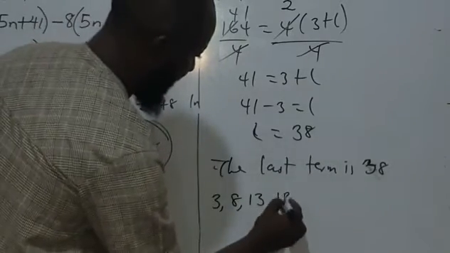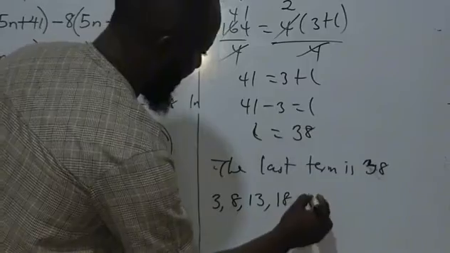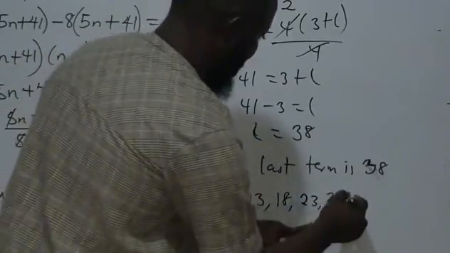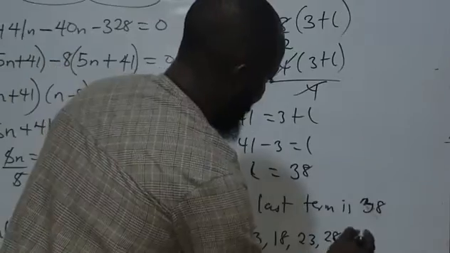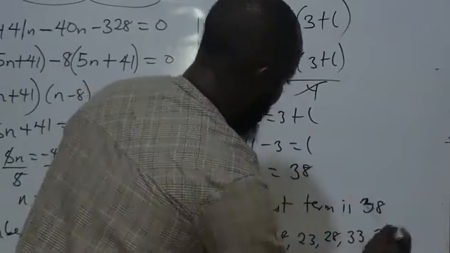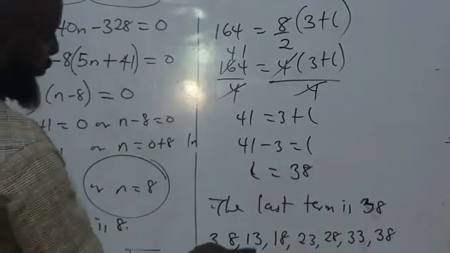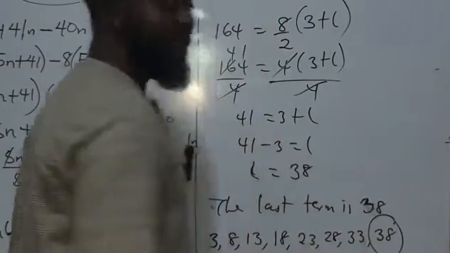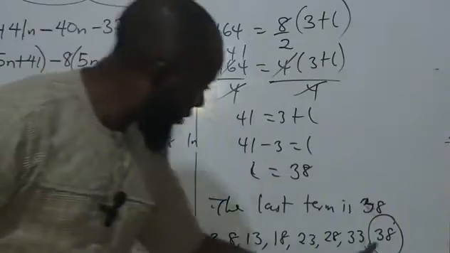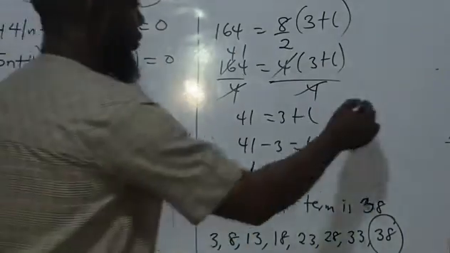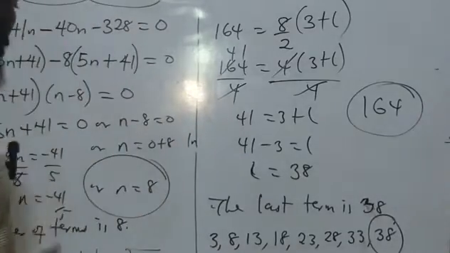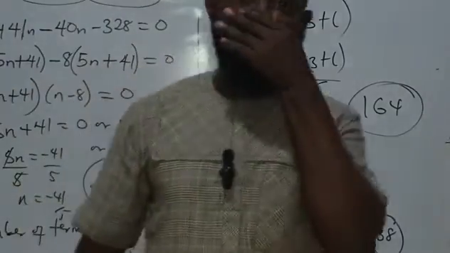This will be 18, 23, 28, 33, and this will be 38. How many terms do you have here? 1, 2, 3, 4, 5, 6, 7, 8. You can see the last term is 38, which is confirmed. And when you add all these together, you are going to get 164. You can see that this is very interesting and straightforward, right?